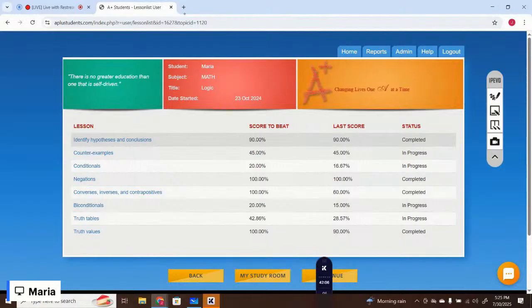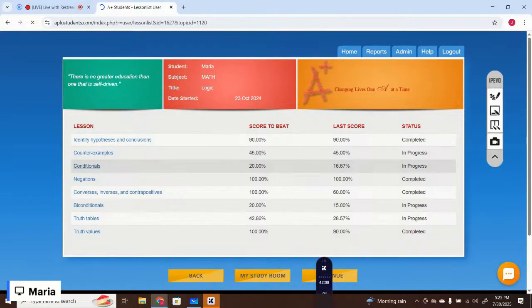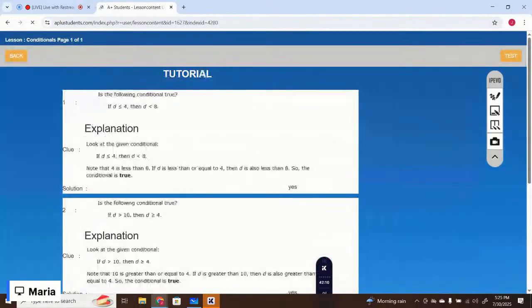The next lesson is conditionals. Is the following conditional true?